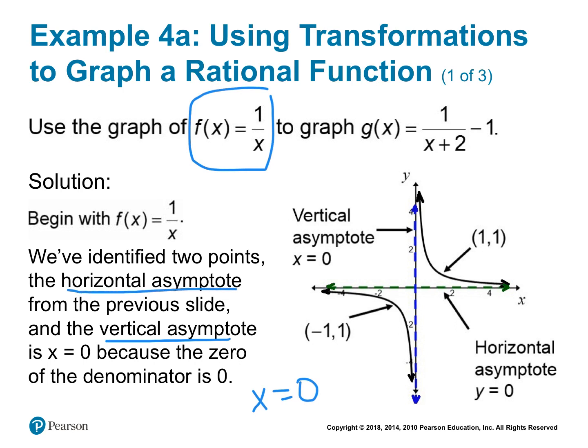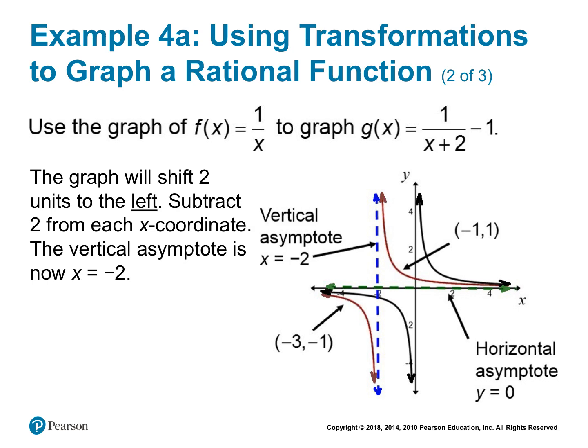And now we're going to try to figure out how can we transform it so it looks like this. So first we're going to look at what happens to the main part here. It's going to end up shifting 2 units to the left, because if you add 2 to the x, we've done ones like that before.